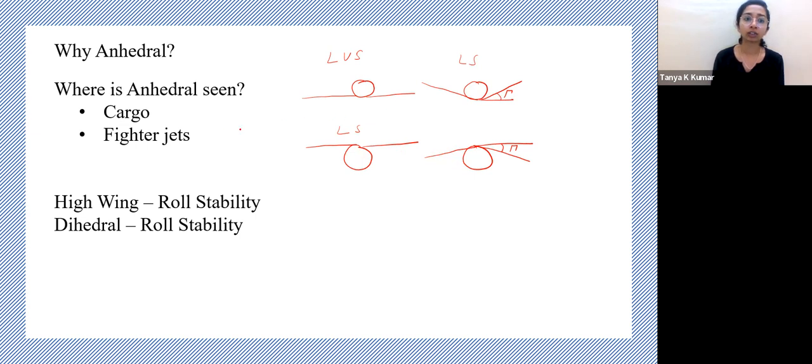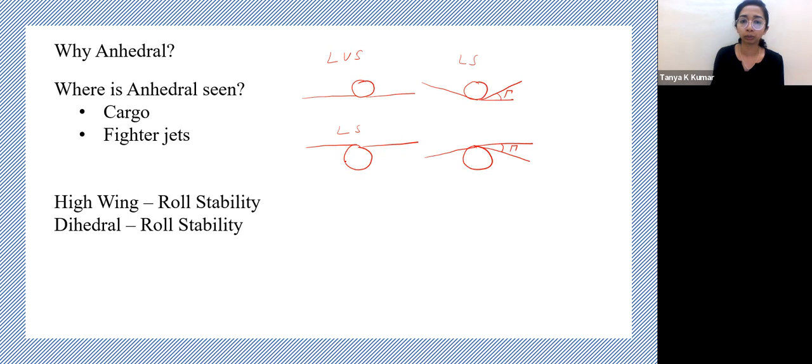Similarly, cargo aircrafts are very heavy at the bottom. By virtue of its weight that is below the CG, below the point of lift generation, it will tend to bring the aircraft back to its equilibrium state when rolled to the left or the right. So it is more stable than the low wing configuration. It has a high roll stability.